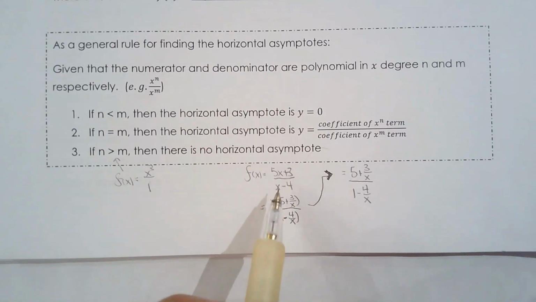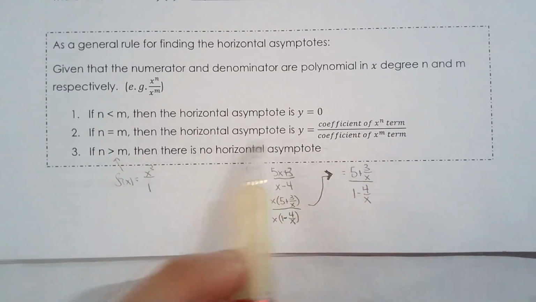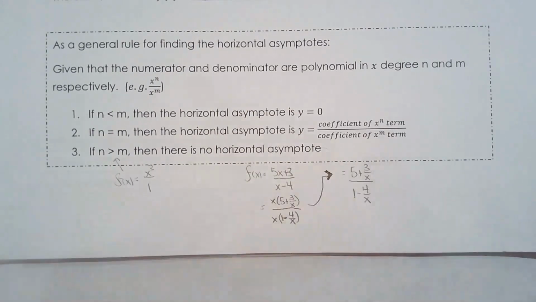Okay, so this is a very specific example, but you can really imagine that every single time after you factor out the greatest power of x, you'll be left over with the leading coefficients, and all the other terms will approach 0 as x becomes larger and larger. So that's where this rule comes from. When you factor out the greatest power of x, all that's really left is the ratio of the leading coefficients.